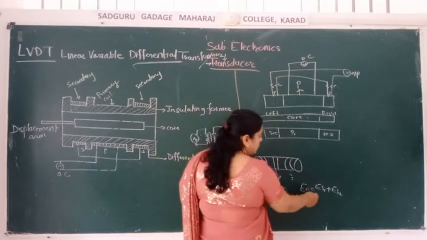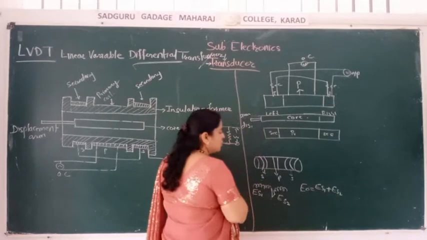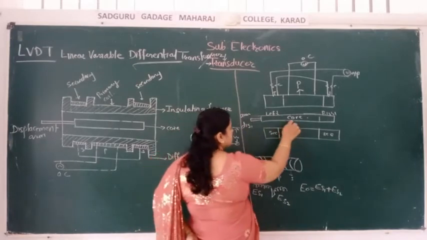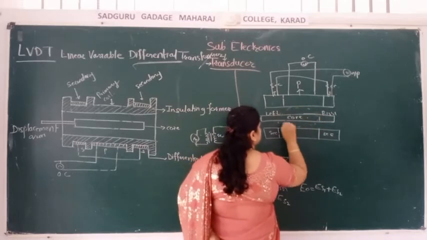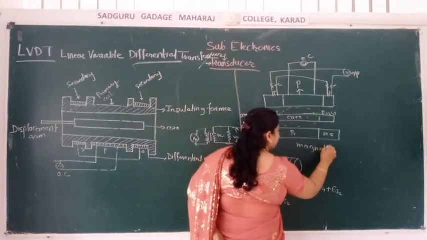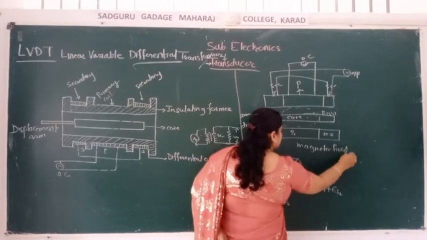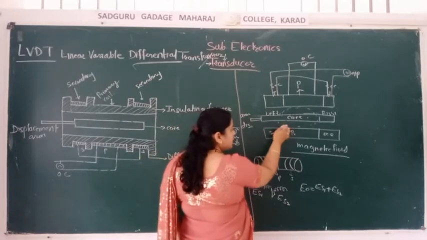Then if you apply the voltage, you have to add ES1 and ES2. This is the core. The core produces the magnetic field across this, isn't it? The core produces the magnetic field, and this magnetic field is parallel with this.